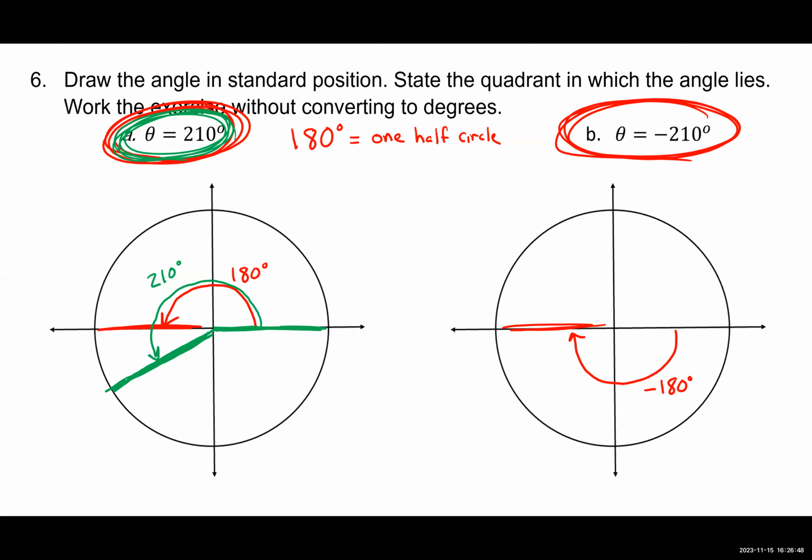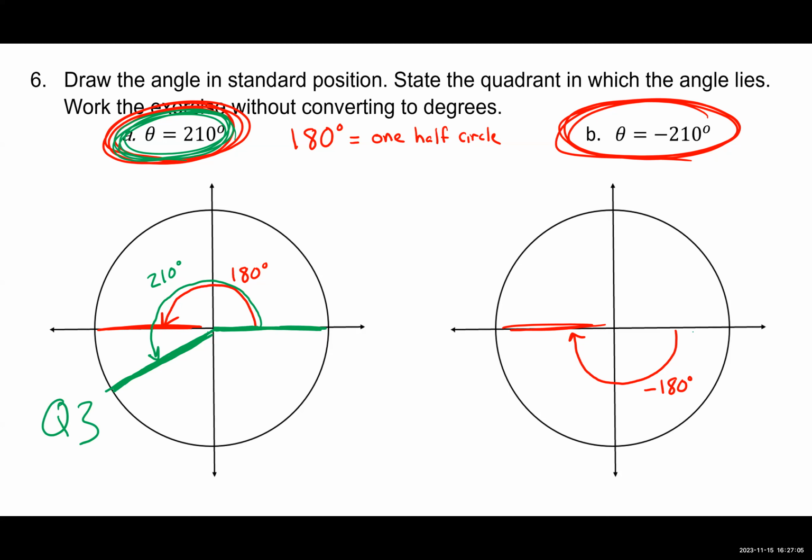What I mean by a little bit more is an extra 30 degrees. So 180 plus another 30 gives you 210. Puts you over here in quadrant 3.